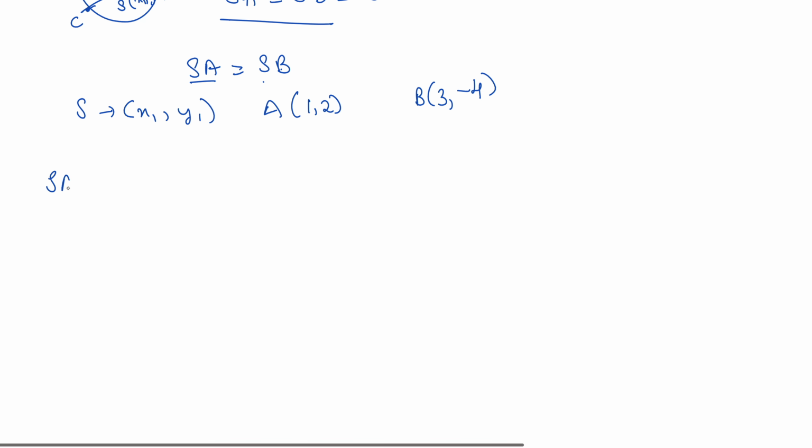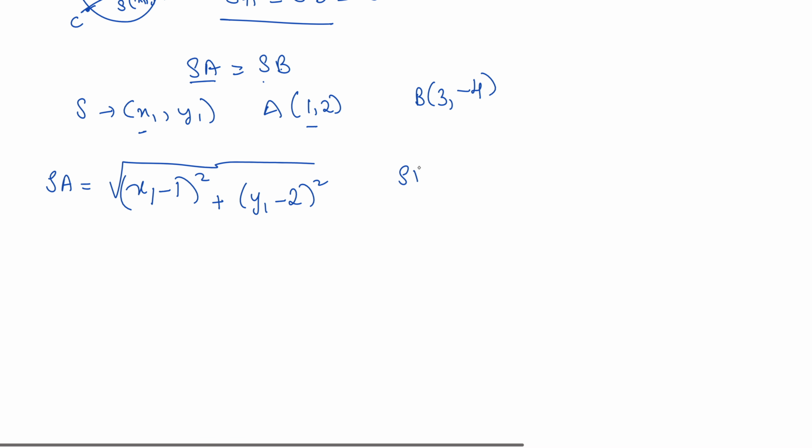Now SA is the square root of (x1 minus 1) whole square plus (y1 minus 2) whole square, by the distance formula.